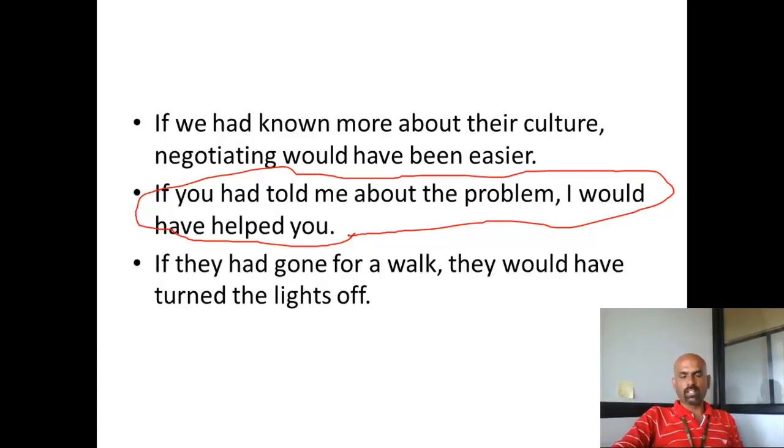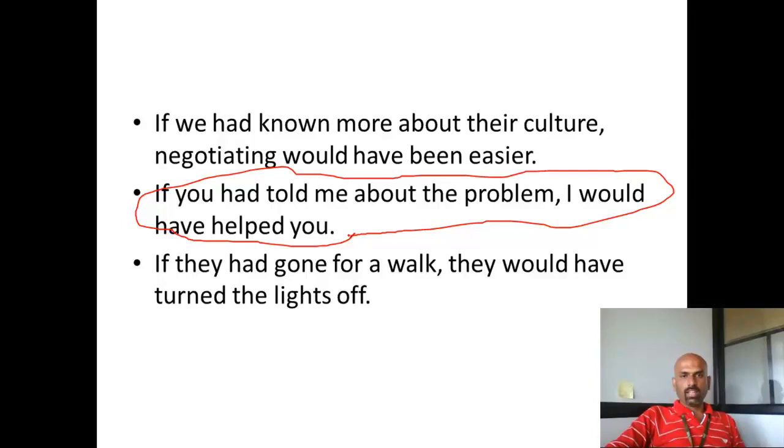At that time you can tell him, if you had told me about the problem, I would have helped you. Because actually the problem was over. Your friend didn't inform you, you didn't help him. But after everything was over, now you are talking about it, and it's entirely unreal and will not happen again. But again you are talking about the past. That's why it's a third condition.